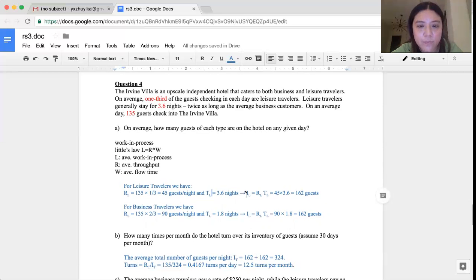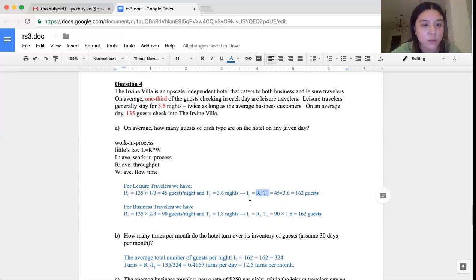So we can calculate the work in process, denoted by I, like inventory, for leisure travelers, equals R times T, which is 45 times 3.6, which is 162 guests. So on any given day, there are 162 leisure guests in the hotel.